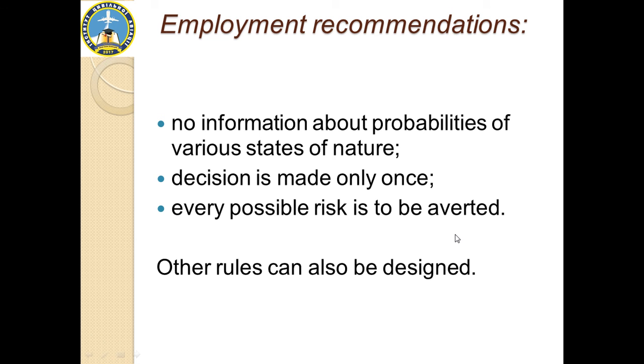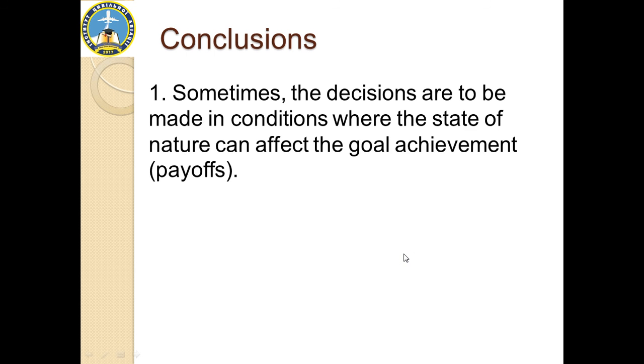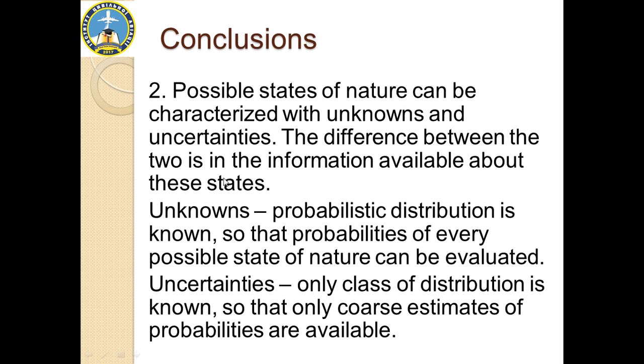we conclude as this: sometimes decisions are to be made in conditions where the states of nature can affect the goal achievement. This goal achievement is expressed in our payoffs. Possible states of nature can be characterized with unknowns and uncertainties. The difference between the two is in the information available about these states.